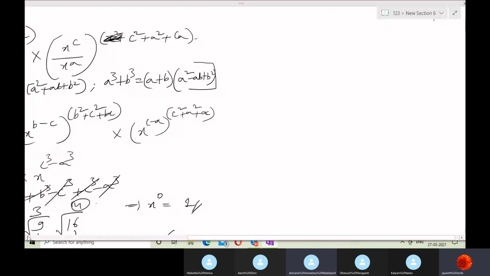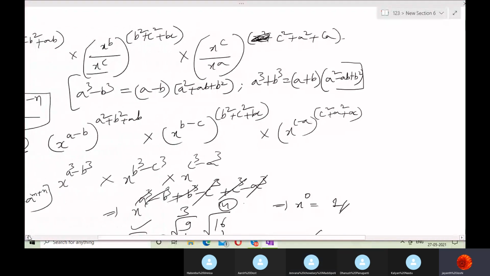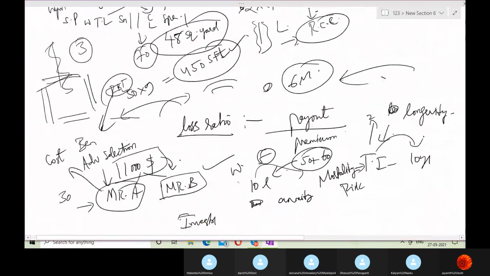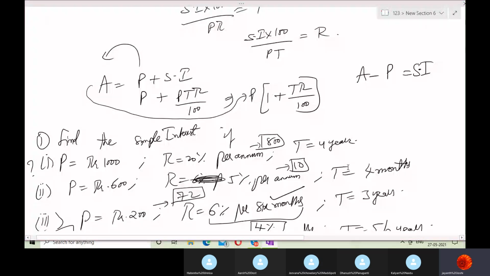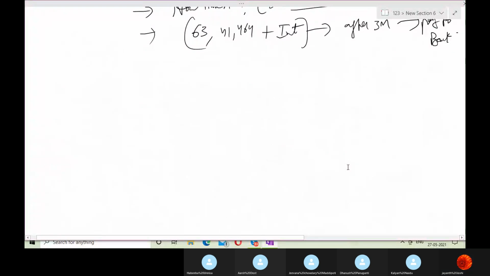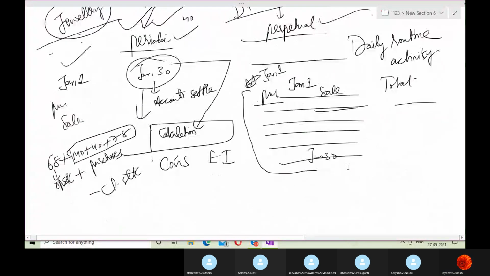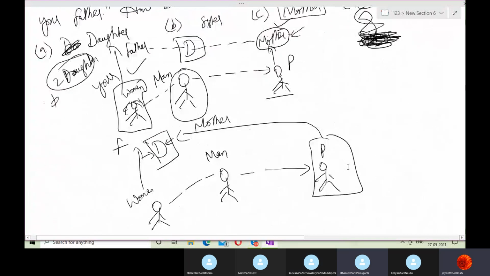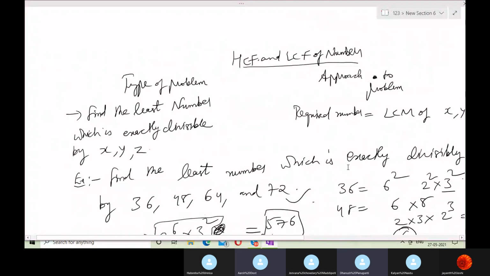So your answer is west. Mine is southeast. Who's that? Dhanush.